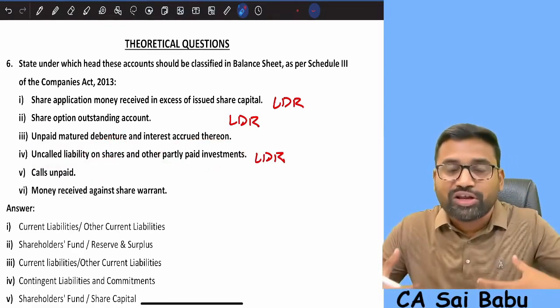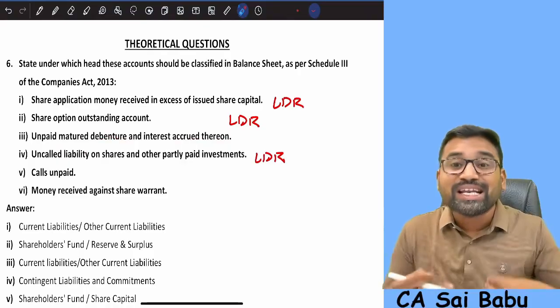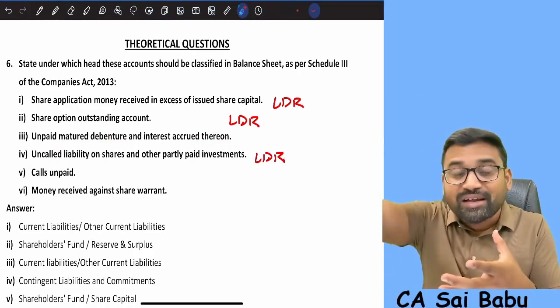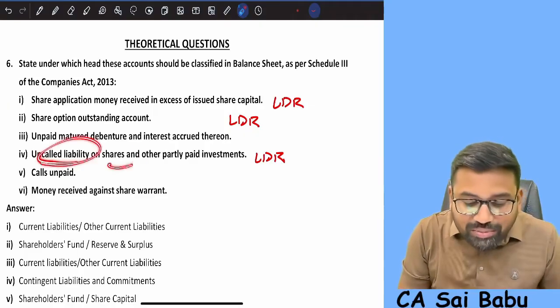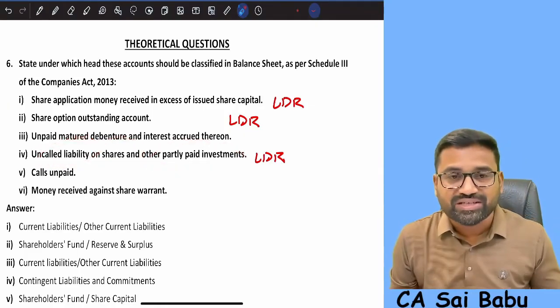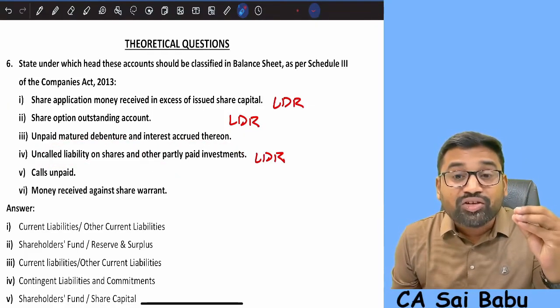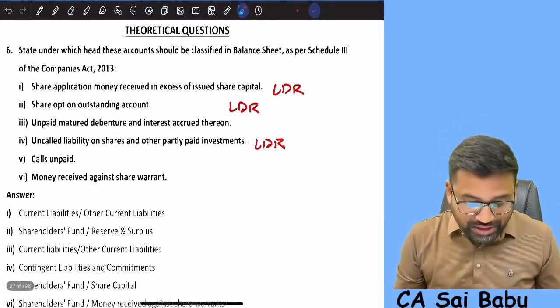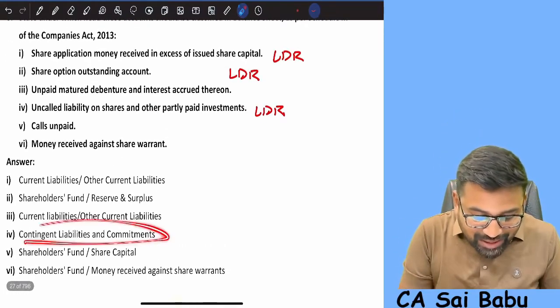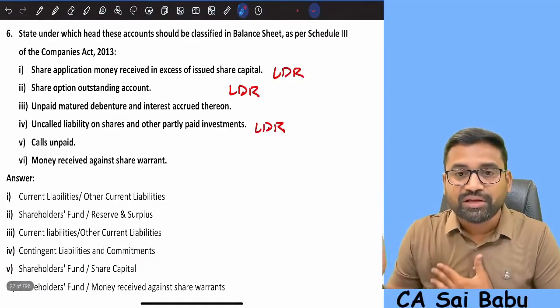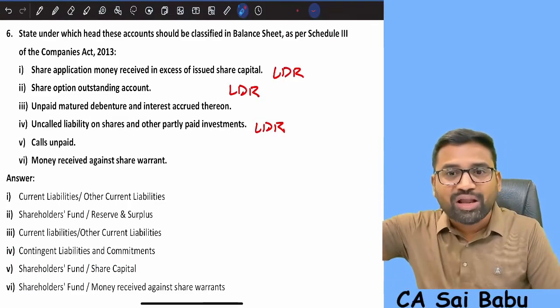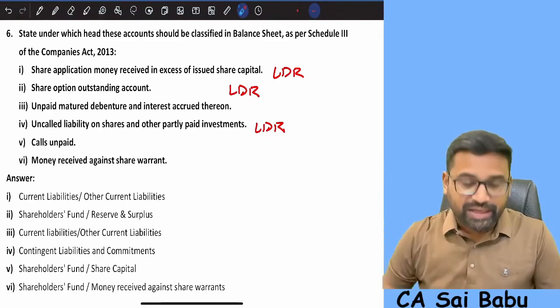Your company or your business has made an investment. In respect of that investment, if the other company where you invested calls now, you need to pay. That is called uncalled liability on shares and other partly paid investments. That will be part of your commitment, so it will be shown as a part of contingent liabilities and commitments. Suppose I invested in 10,000 shares of another company, 5 rupees paid, and the remaining 5 rupees I will pay when they call. That is called a commitment.